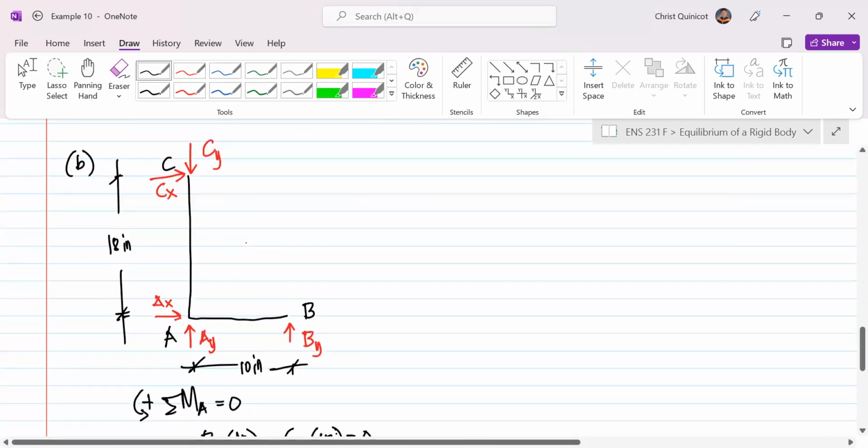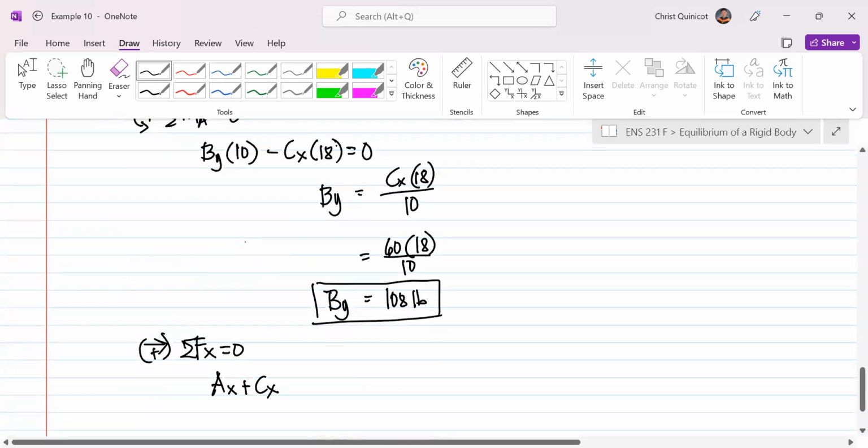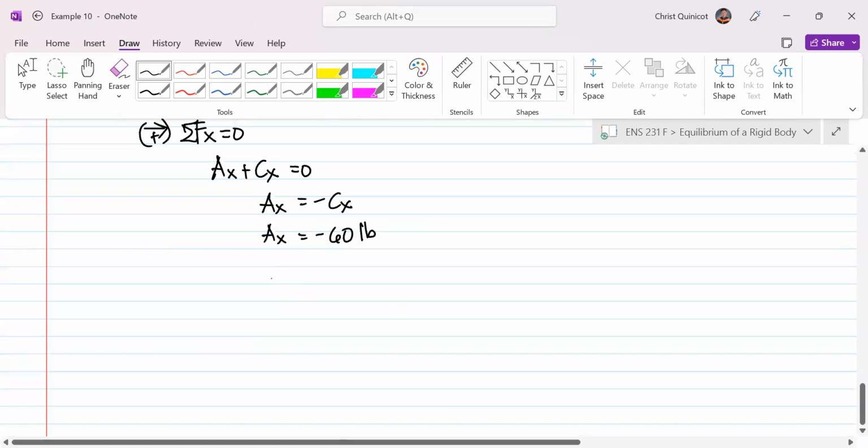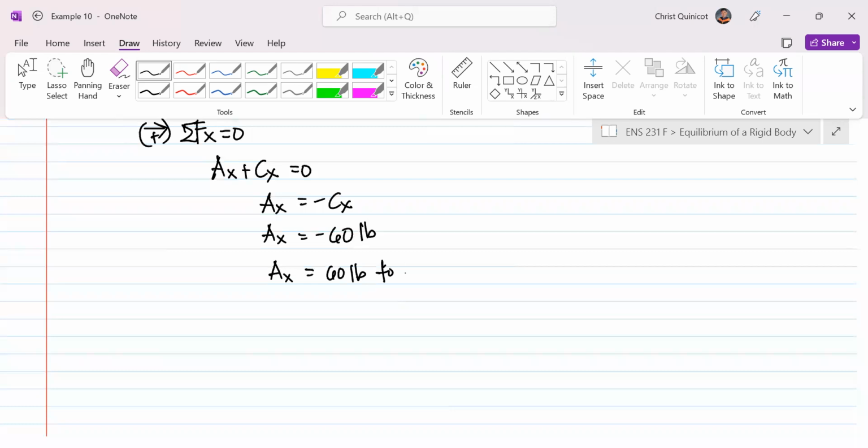And when we did our analysis in our bracket, we assumed that our A sub x is to the right, but eventually we will learn that it is not equal to 0. So A sub x is equal to negative C sub x, which is A sub x is equal to negative 60 pounds. So therefore, A sub x is equal to 60 pounds to the left. Or we write an arrow. Okay, this is our A sub x.